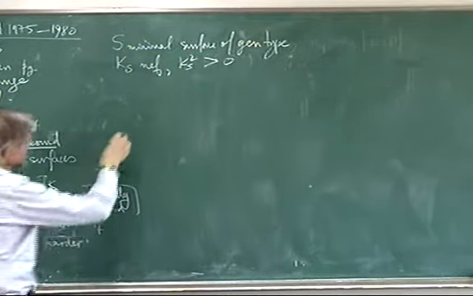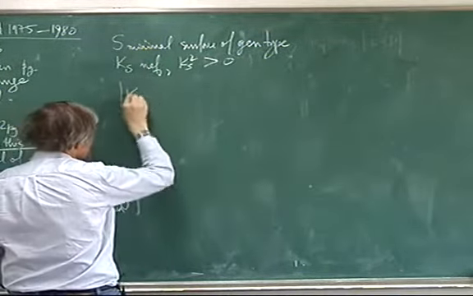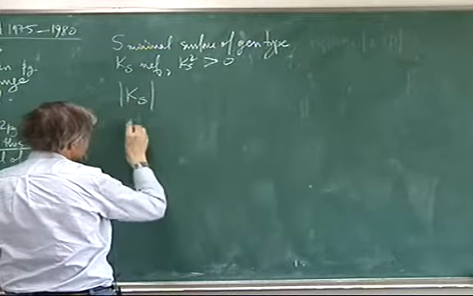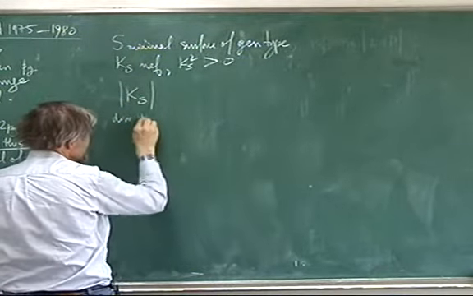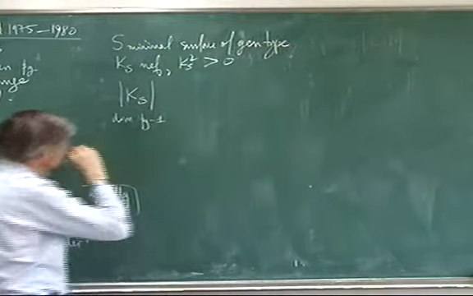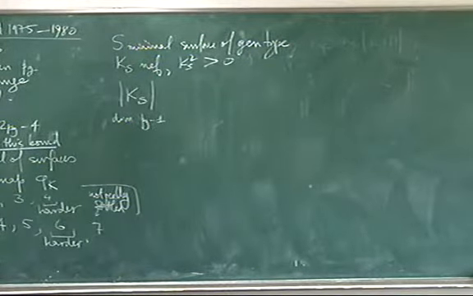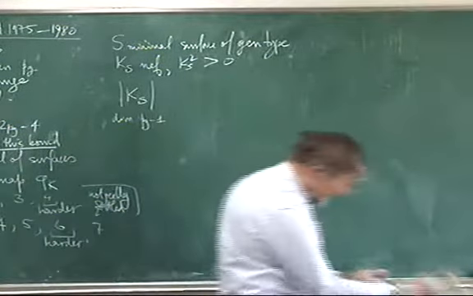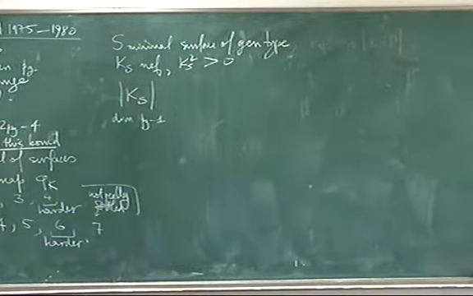And I'm going to look at this linear system |K_S|, which has dimension Pg minus 1. I'm thinking of this as a family of curves moving around in a linearly parametrized family on the surface.